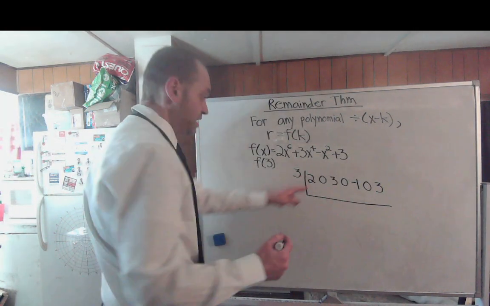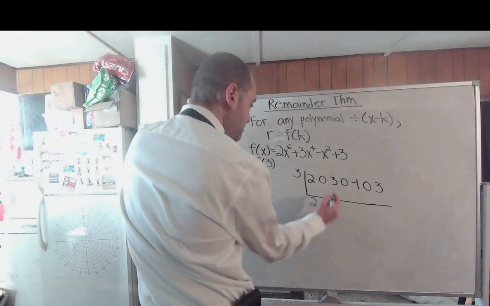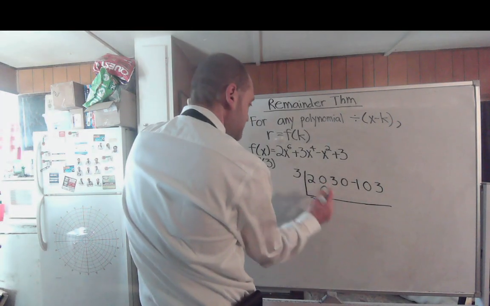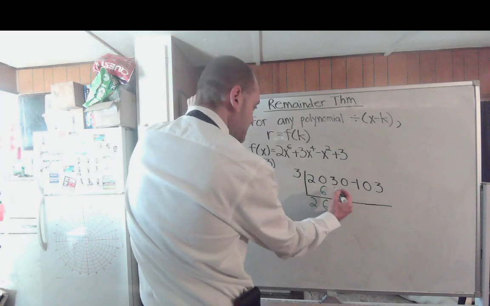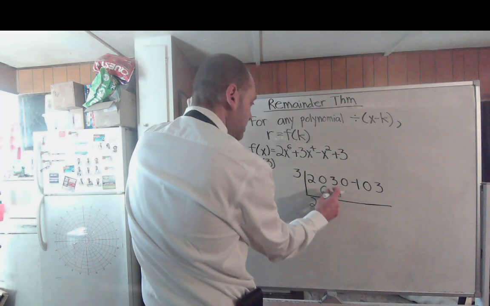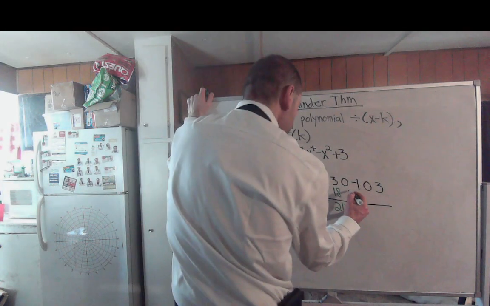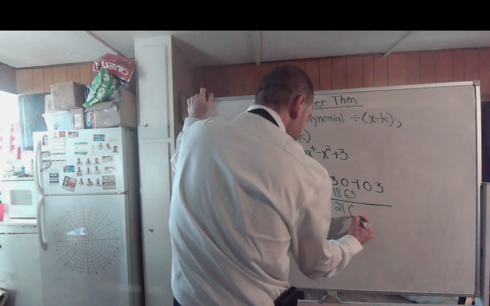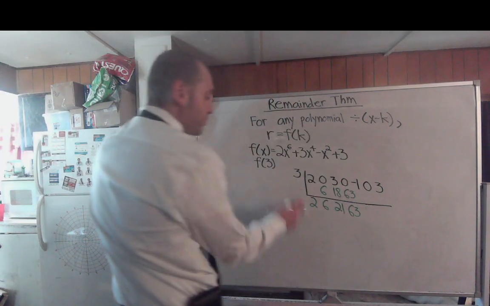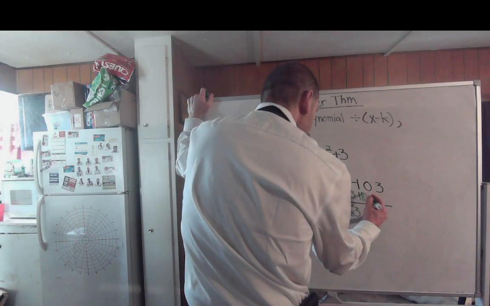So now bring down that 2 from above. Okay, go ahead, take 3 times 2. That gives you 6. 0 plus 6 is 6. All right, 3 times 6 is 18. 3 plus 18 is 21. 3 times 21 is 63. 0 plus 63 is 63. 3 times 63 is going to be 189.